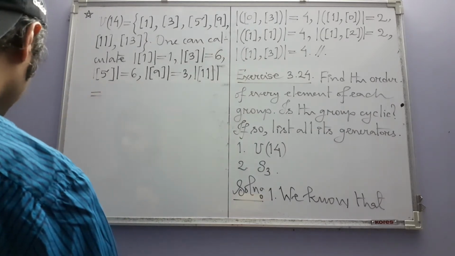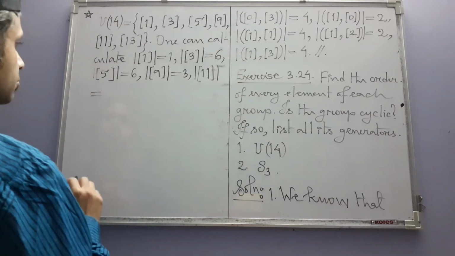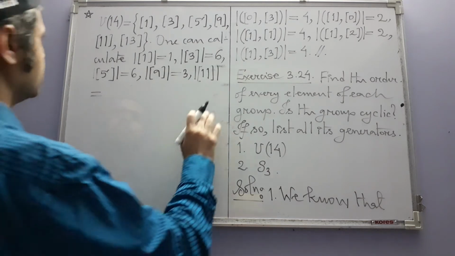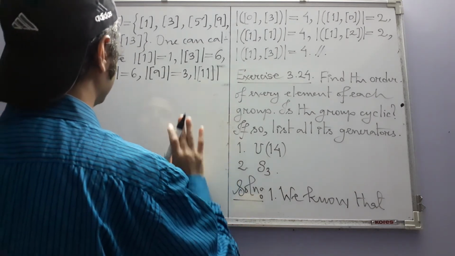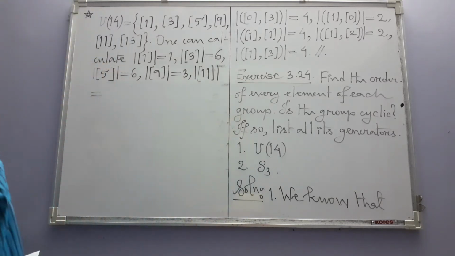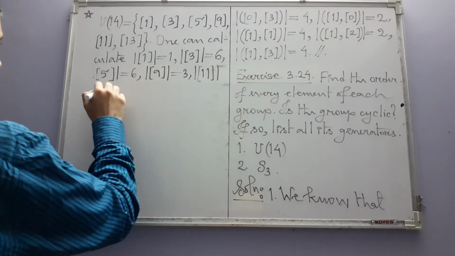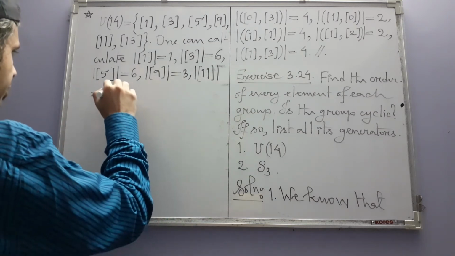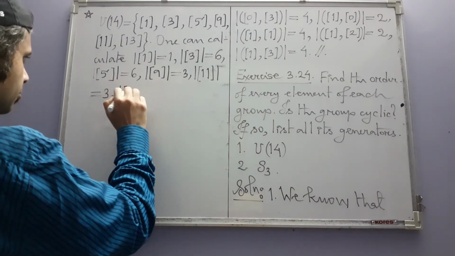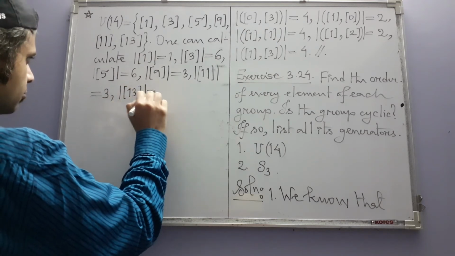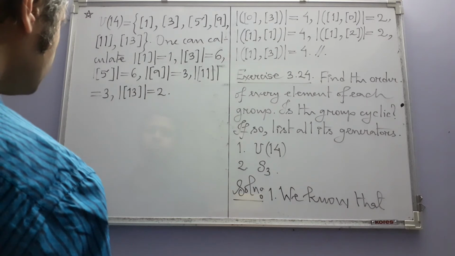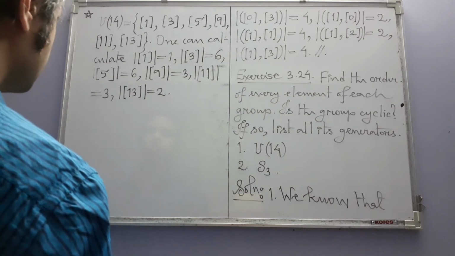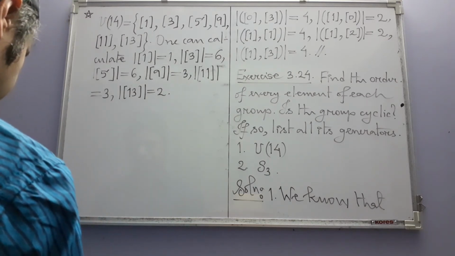This turns out to be 2. Oh, okay, do we have 10? No, we won't have 10. We will have 11 and 13. This is 3, this is not 2, and the next one turns out to be 2.